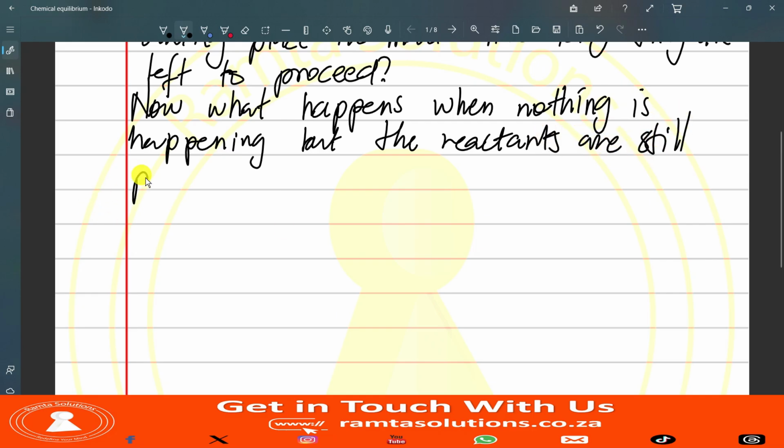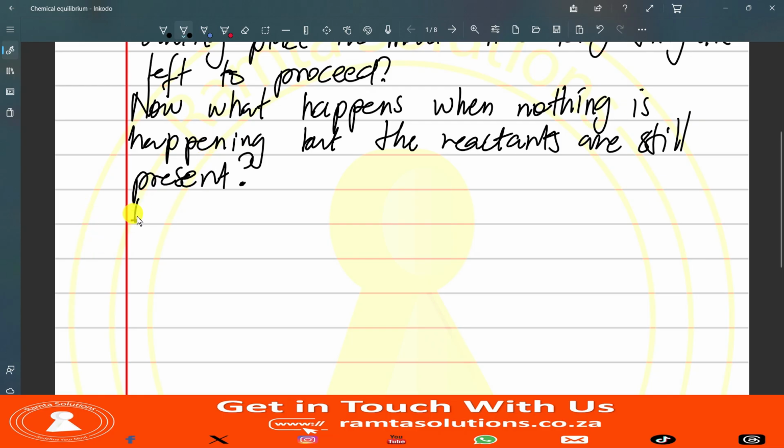So here, I'm basically saying there is no reactant that is called a limiting reactant here. All the reactants that you started the reaction with are there, and the product is still there. Now this is where you're talking chemical equilibrium.